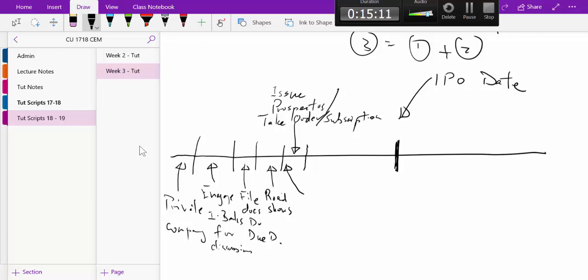It may not be linear and there are things happening simultaneously, but I'm trying to describe to you the key events. So here you also would have an indicative price range.